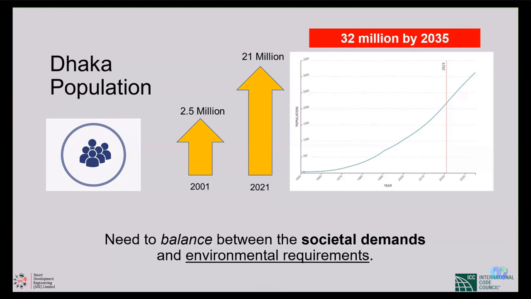If you look at the population, in 2001 it was 2.5 million. In 2021, it is 10 times more. Imagine how fast it's growing. So people need houses, basic needs and shelter. We need to understand how best to use the space with full protection of the environment.